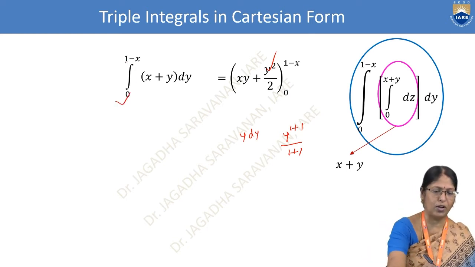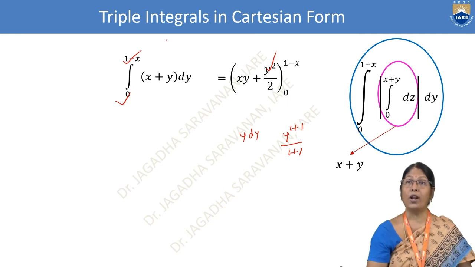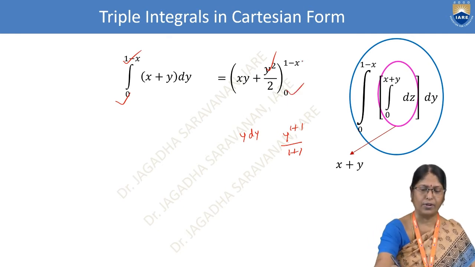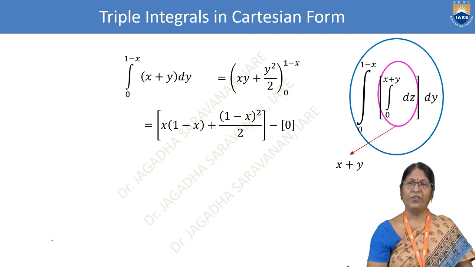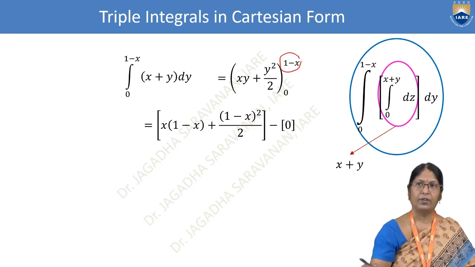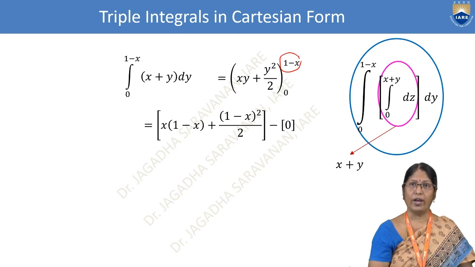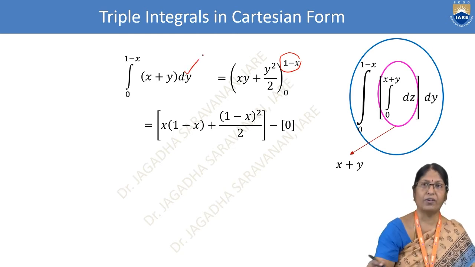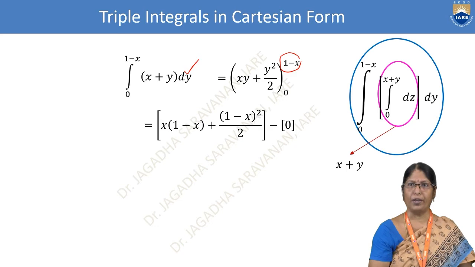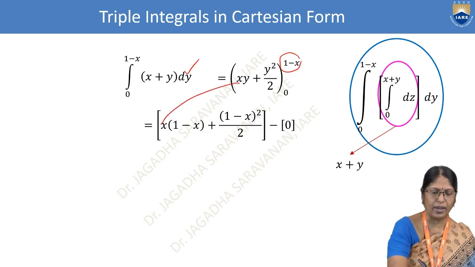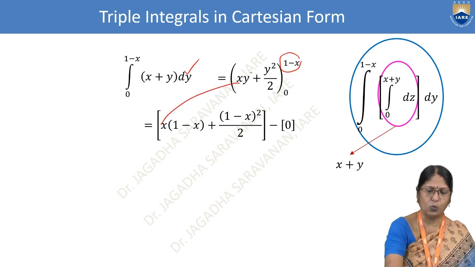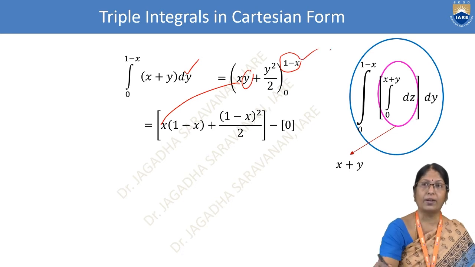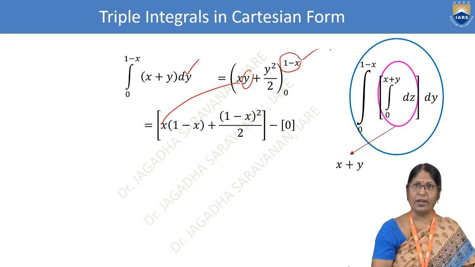So the limits are from 0 to 1 minus x. Now we have to substitute the upper limit in the place of y, because we did the integration with respect to y. So x is written as it is. This y takes the upper limit value 1 minus x.